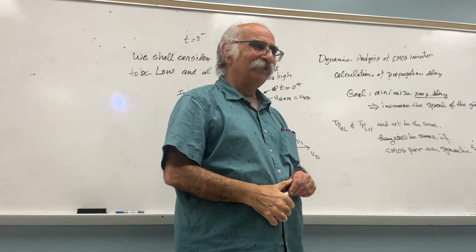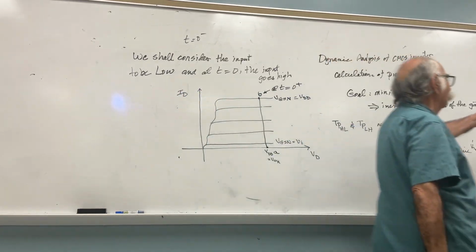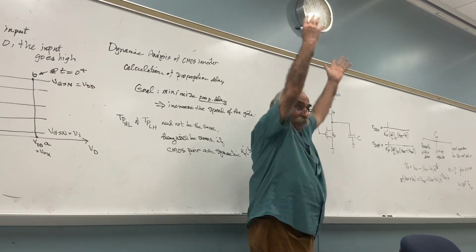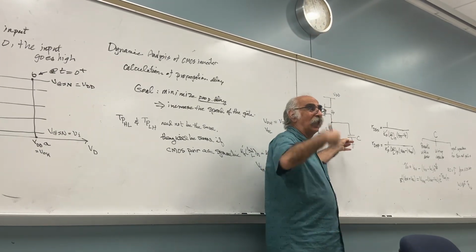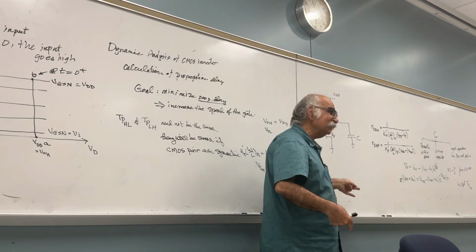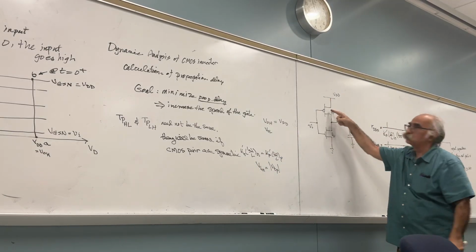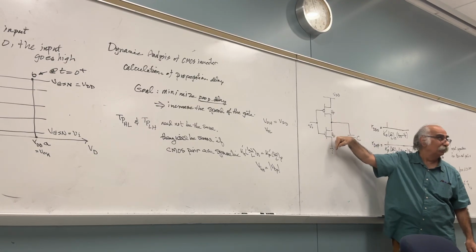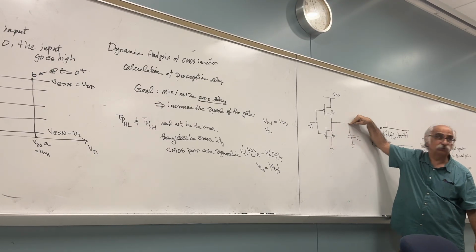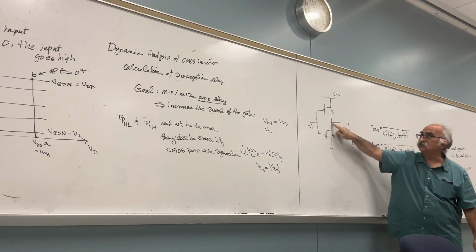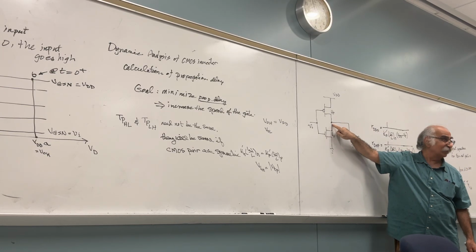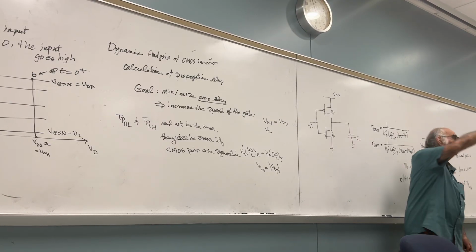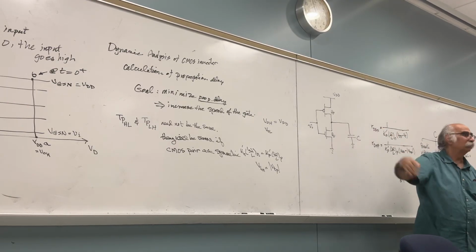Losing me? Okay. What can you tell me about the NMOS? The input went high, so the NMOS starts on. The capacitor will begin to discharge, which means the voltage across the capacitor, which is the same as the drain voltage of the NMOS, goes down. Where?